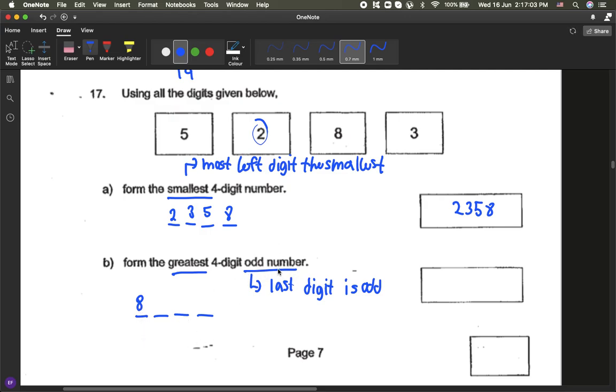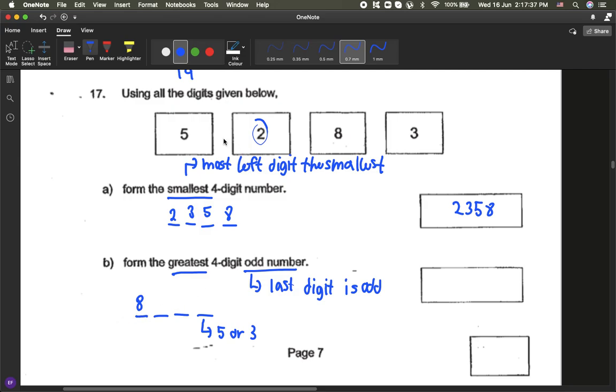And since they want this number to be an odd number, we can guess that the last digit is one of the odd numbers present here. So our odd numbers are either 5 or number 3. But we still want to make it the greatest odd number, right? So we have to make sure that the next number here has to be the second greatest.